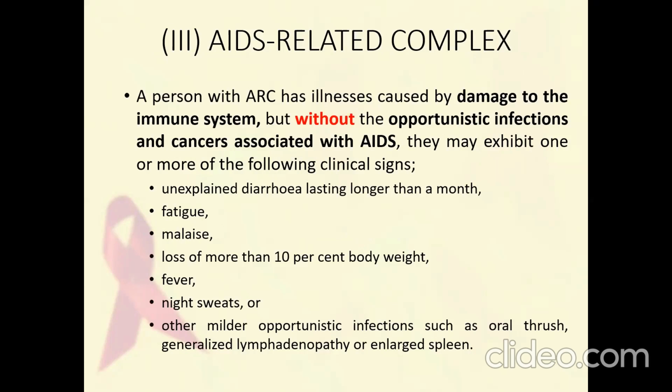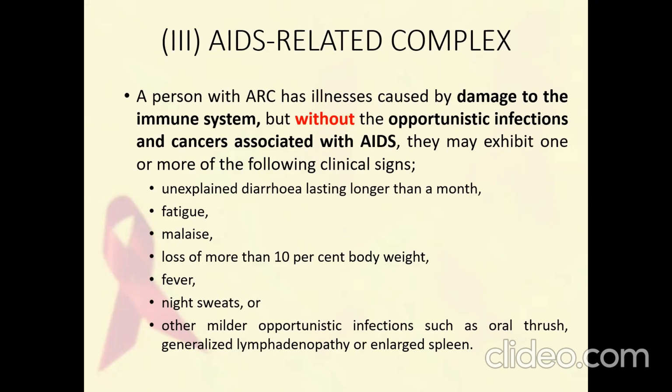Then third one is AIDS related complex, called ARC. A person with ARC has illness caused by the damage to the immune system, but without the opportunistic infections and cancers which are associated with AIDS.